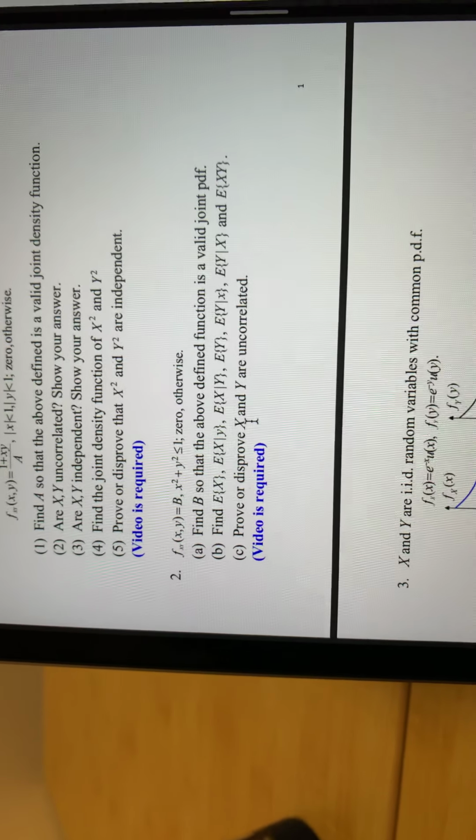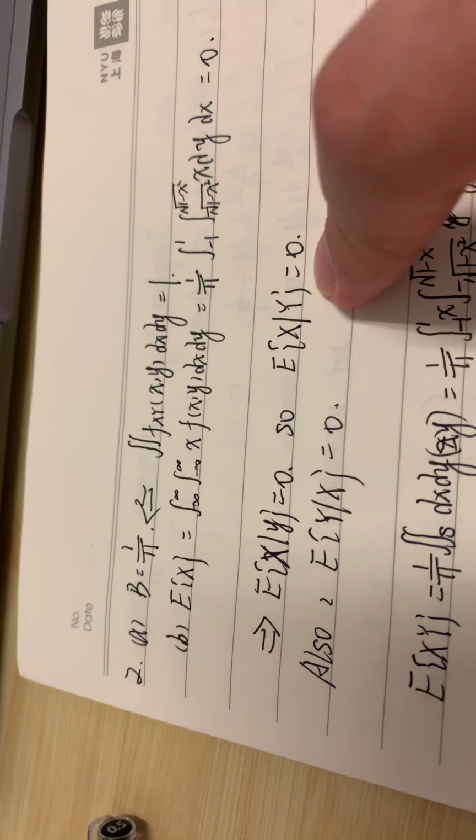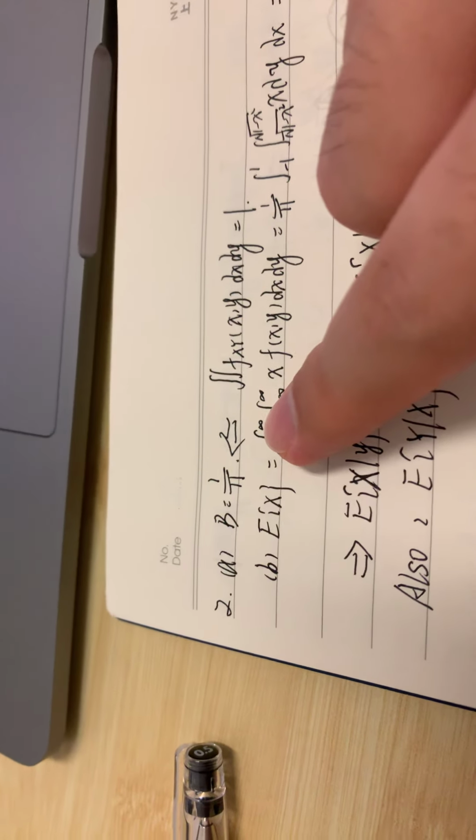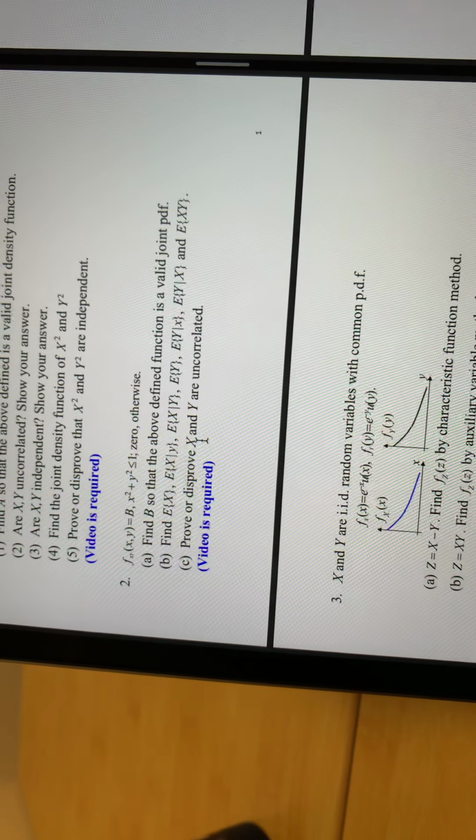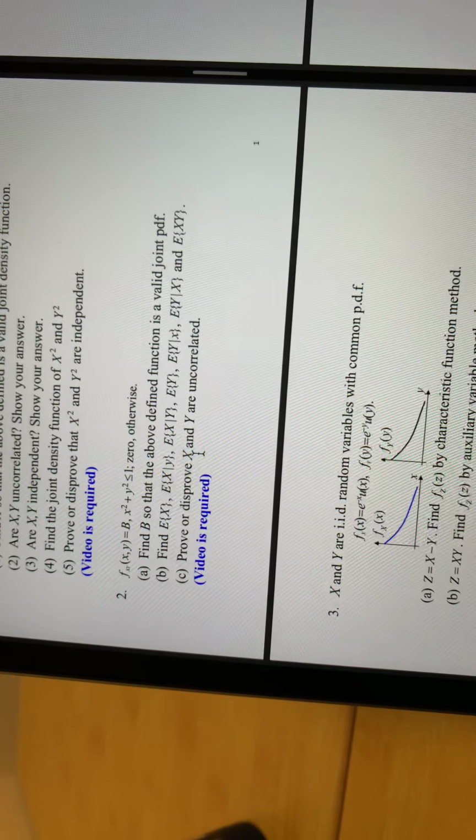Just integrate, and this final result should equal 1. We know that the area of the unit disk is pi, so b is equal to 1 over pi.